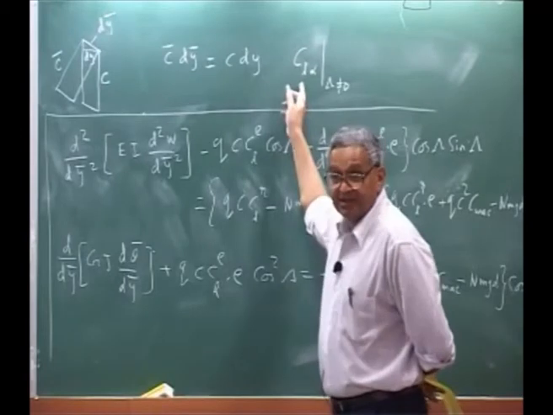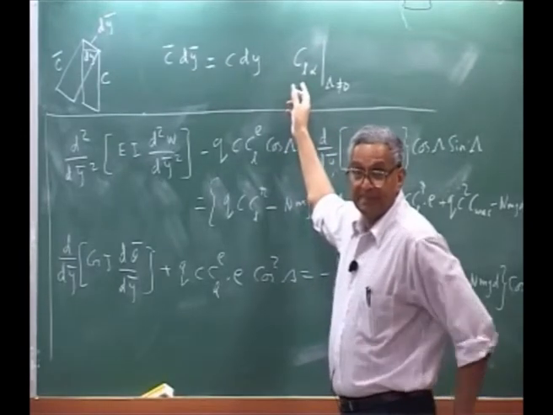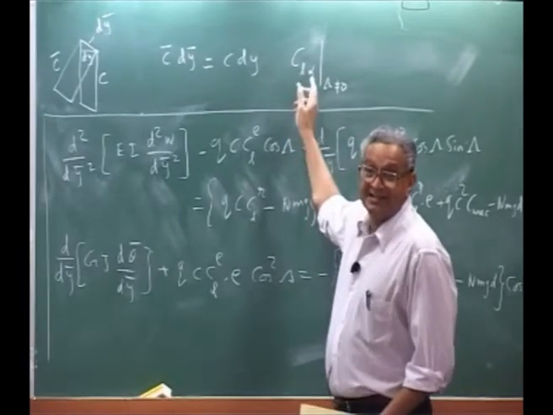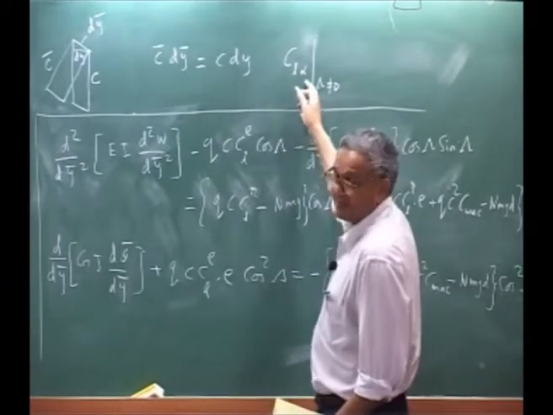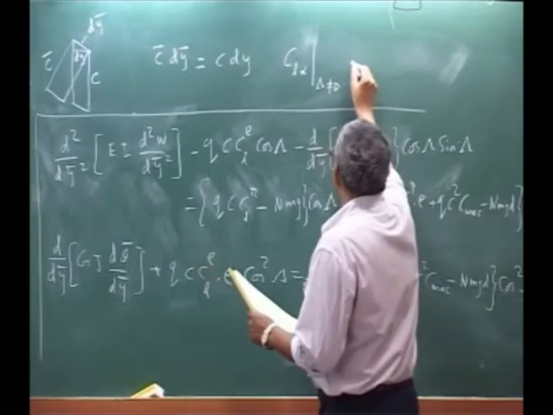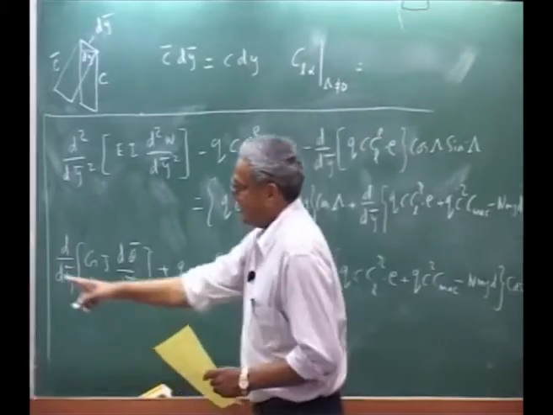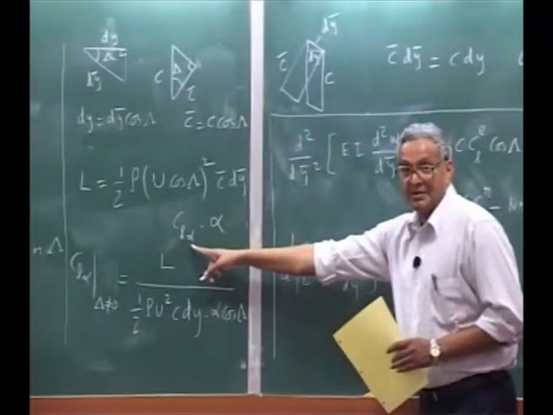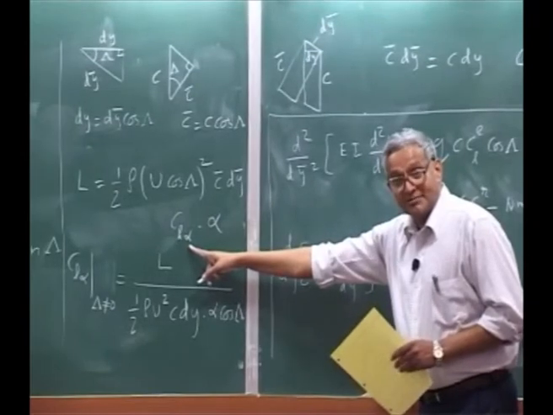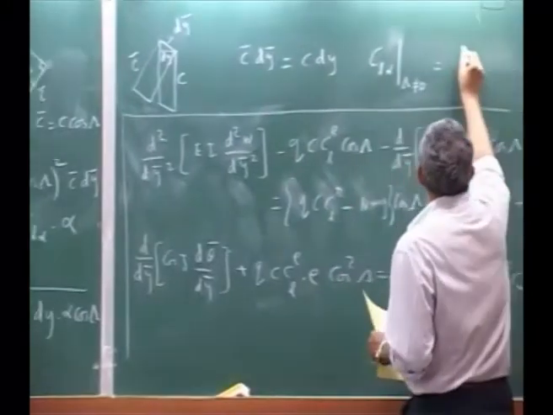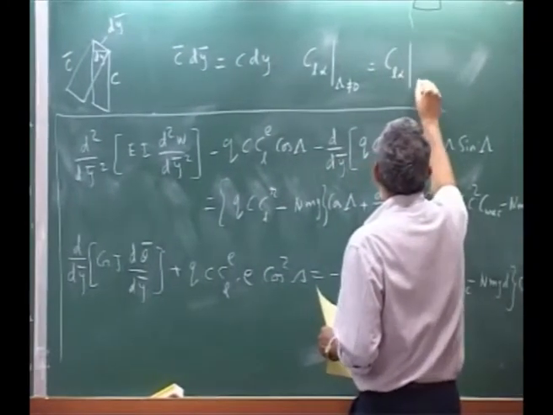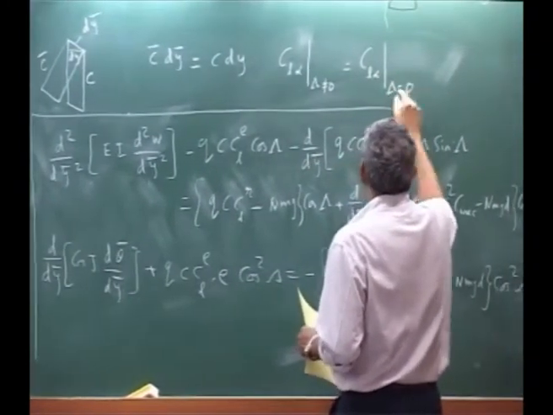This is equal to the one when the flow is normal to the leading edge, which I call CL alpha for sweep 0.